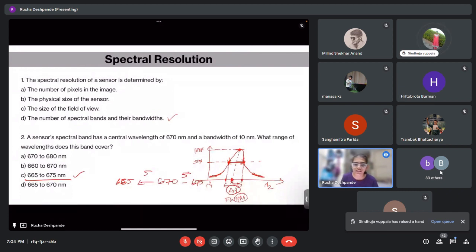Yeah, someone has raised a hand. Hello, is my voice audible, ma'am? Yeah, you are audible. Ma'am, you have discussed FWHM, right? In this, you have some values with respect to the wavelength, so we have calculated.